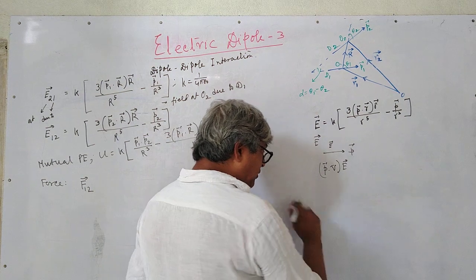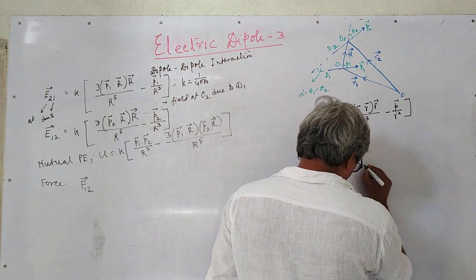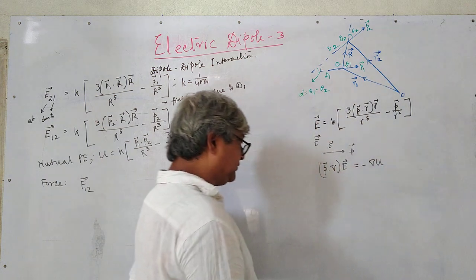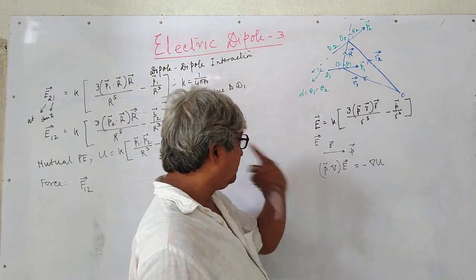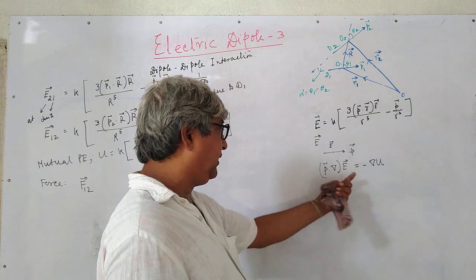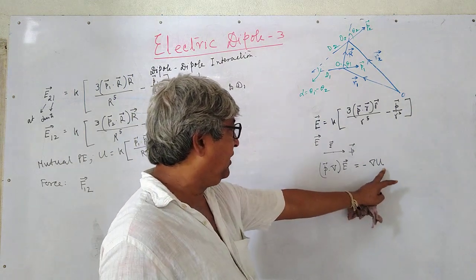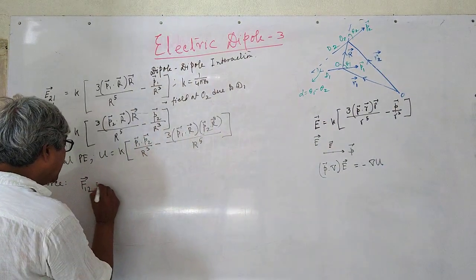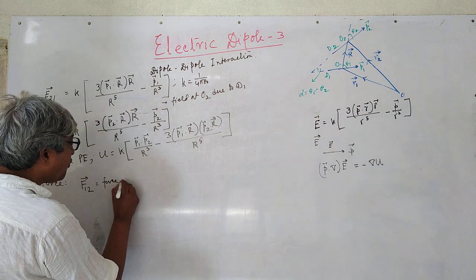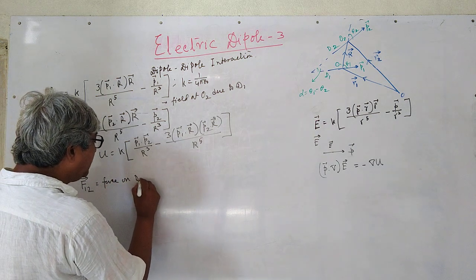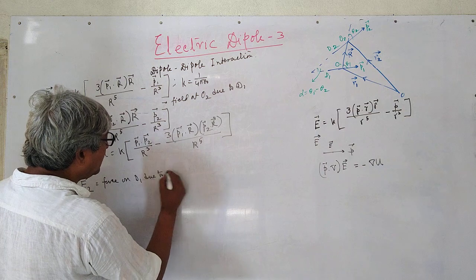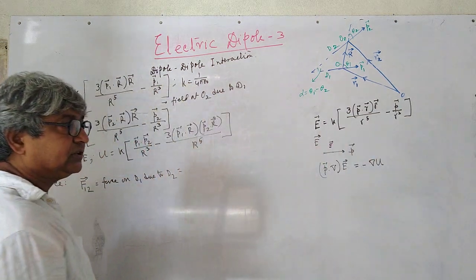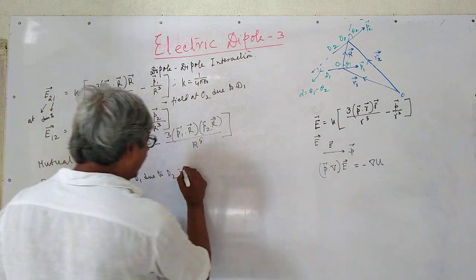One can also give the expression of the force by writing it as the negative gradient of the potential energy. Here we can calculate the field in either of two ways, but we shall prefer this one. So we write this as the force on D1 due to D2. Since the potential energy is mutual, this is the same, so we write it simply.